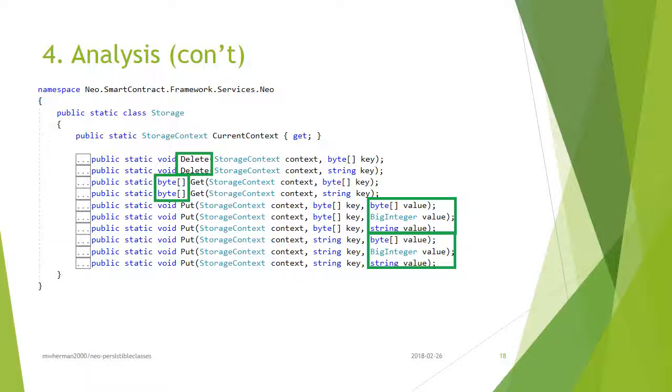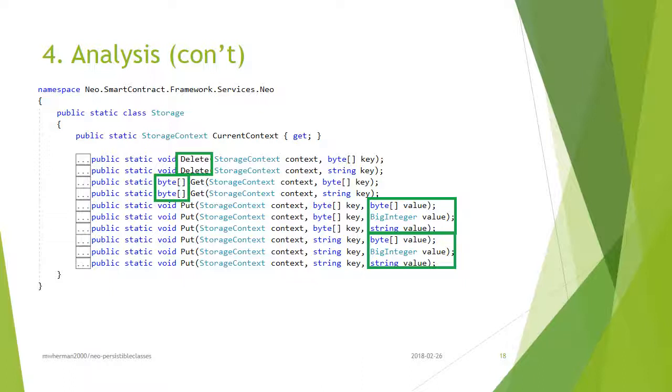So here, the interface to that underlying storage is through the storage class of the framework services.neo. And we have the get, put, and delete methods. And you can see on the right here that there's really only support for bytes, byte arrays, big integers, and strings. And when those are returned, they're returned to you as byte arrays.